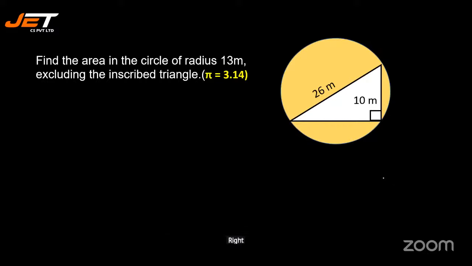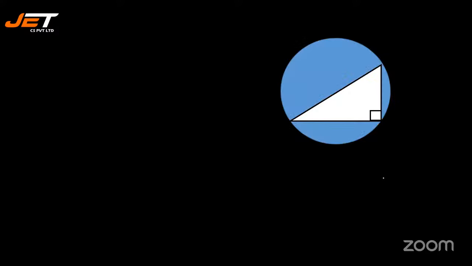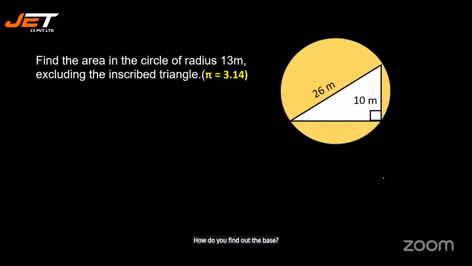So you need to find out the base. How do you find out the base? Yeah, right. So now first let us find out the area of the triangle. Okay.